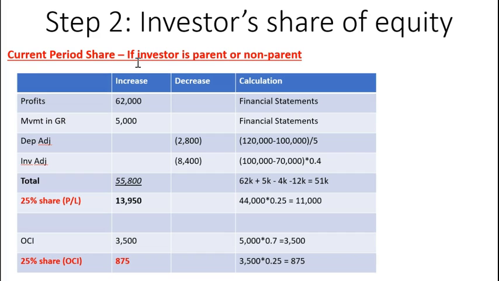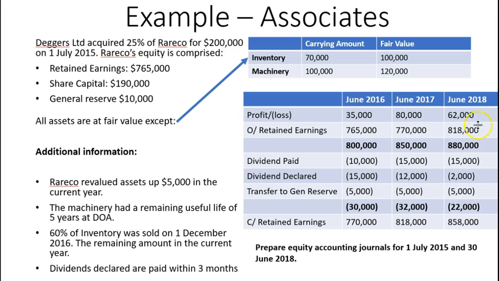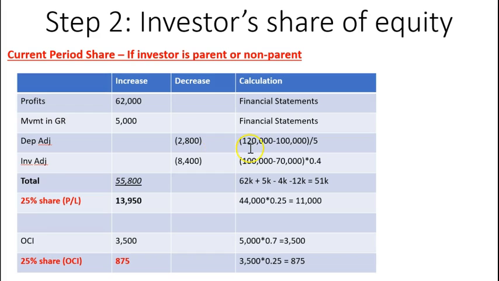So regardless, either way, we need to calculate the current period share. So if we go back to the financial statements, we can see the profit for our current period was $62,000. So we know immediately that we should be entitled to our fair share of those profits, and they're going to increase our equity. So we'll put it in the increase column.